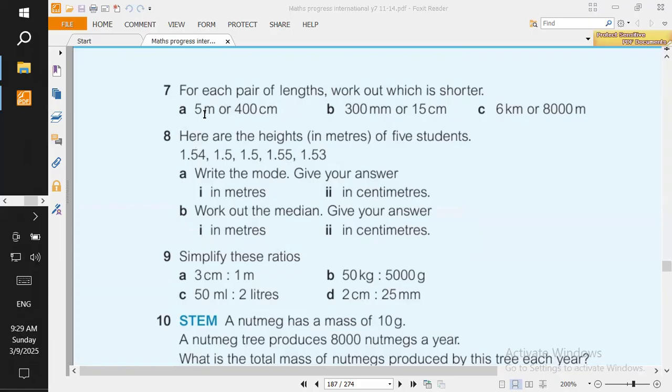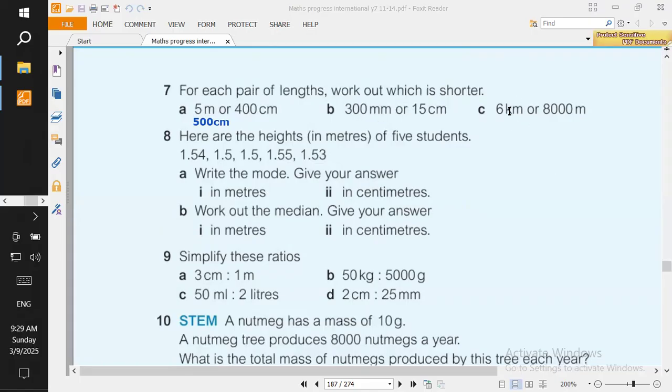And to turn meters to centimeters, I'm going to multiply it by, very good, 100. So 5 times 100 equals 500 centimeters. And then I compare it to the other unit. So which one is shorter here? Very good. The 400 is shorter than the 5 meters. Same idea with all of them. Just make them have the same units and then compare them.